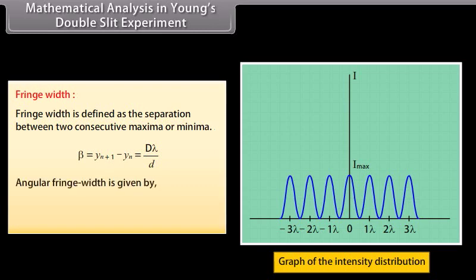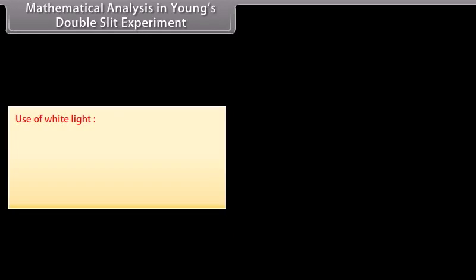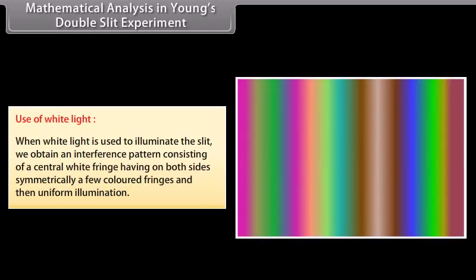Angular fringe width is given by beta upon capital D, which is equal to lambda upon small d. Use of white light: when white light is used to illuminate the slit, we obtain an interference pattern consisting of a central white fringe having on both sides symmetrically a few colored fringes and then uniform illumination.